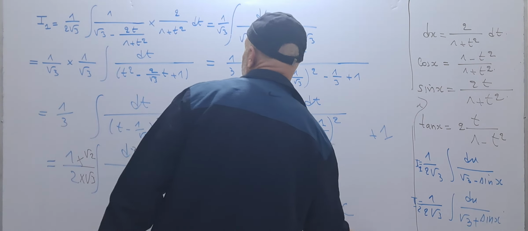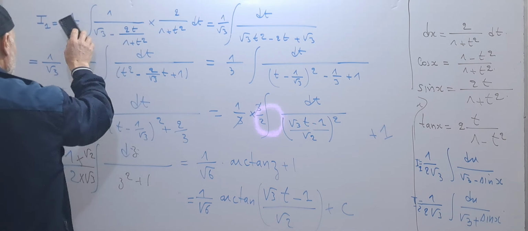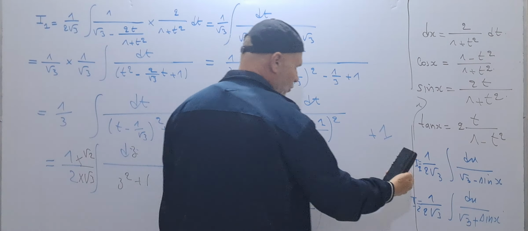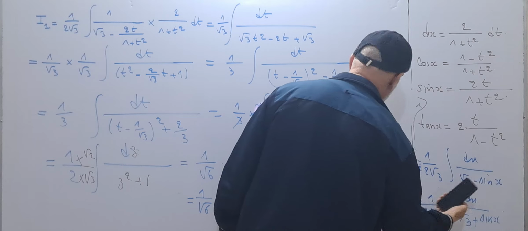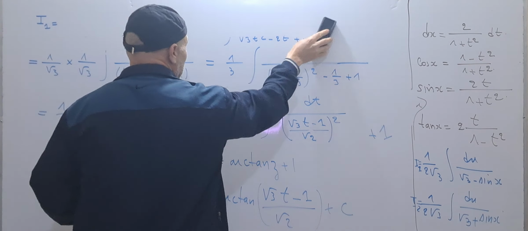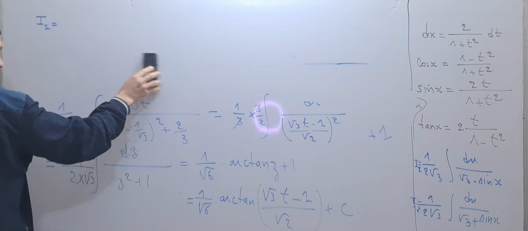And finally E1, which is 1 over 2 the square root of 3 integral dx over the square root of 3 minus sine x, will take this form, the final form.